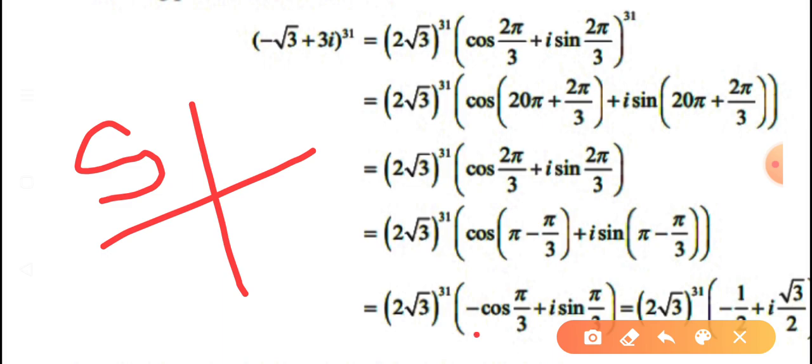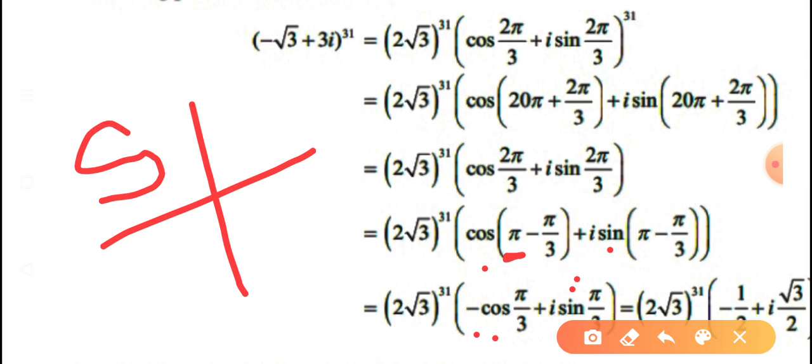Pi minus theta, pi how much degree? Pi is 180 degree. 180 means 90 into 2. So 90 degree appears 2 times, 2 times means even number of times. So cos theta gets cos theta, sin theta gets sin theta.